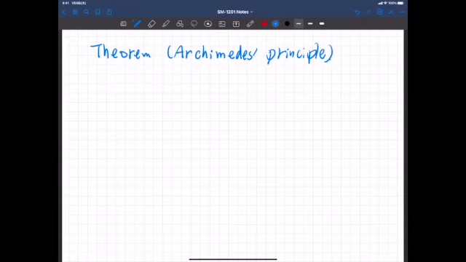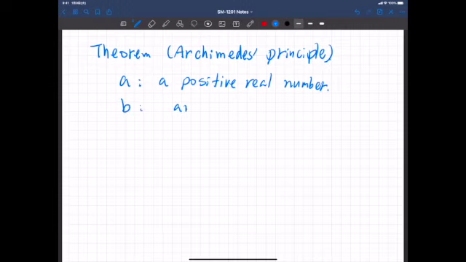So what was it? Let A be any positive real number, and B is any real number. It can be negative.